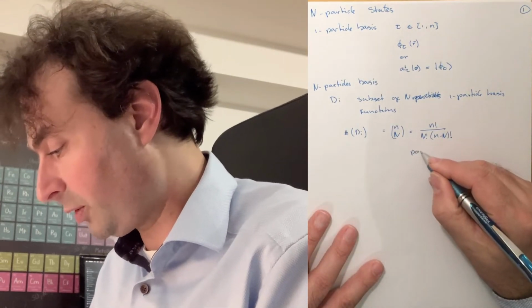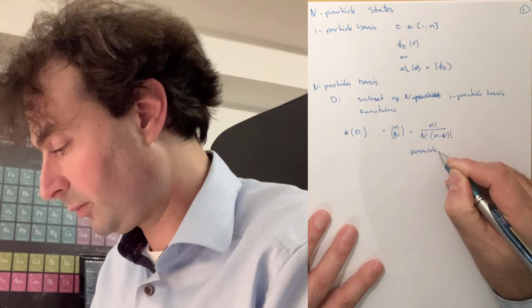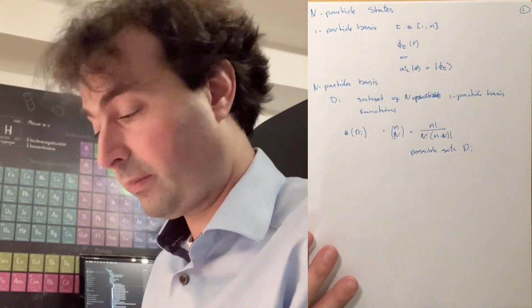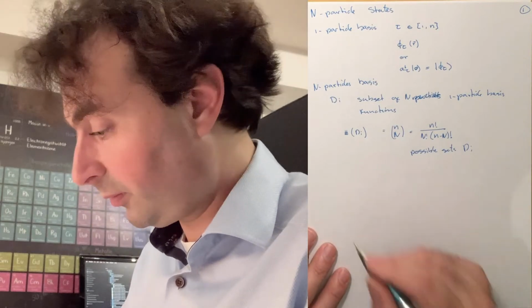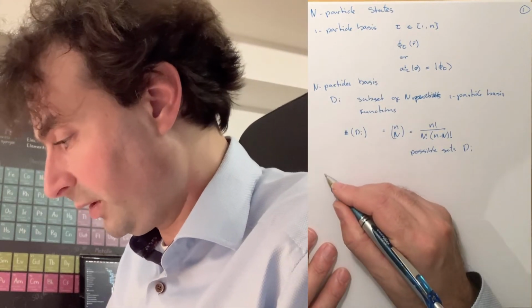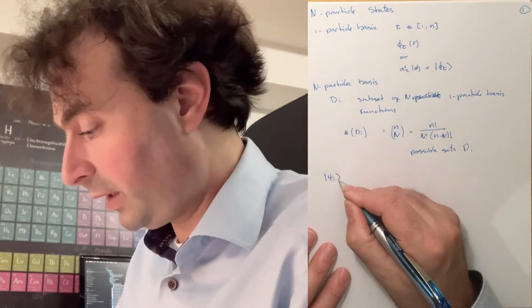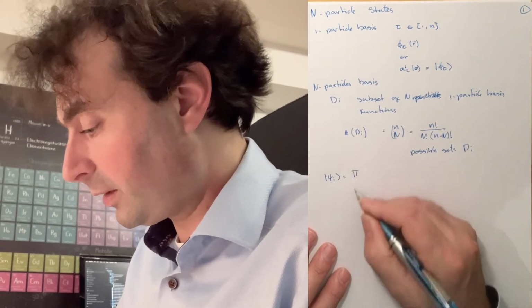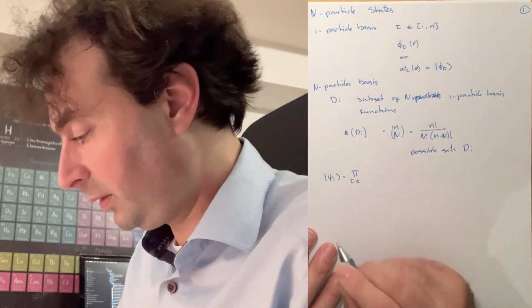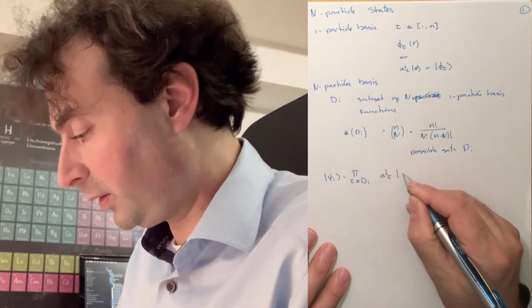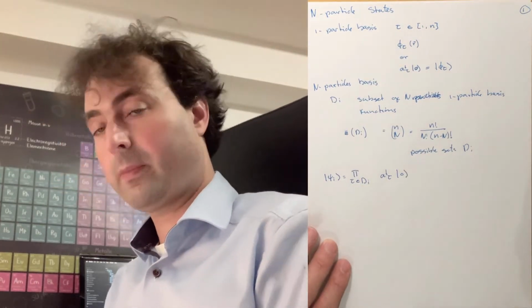That's the number of possible sets D_i. We can now generate n-particle basis functions, psi I, as a product over tau in D_i of a dagger tau out of the vacuum.